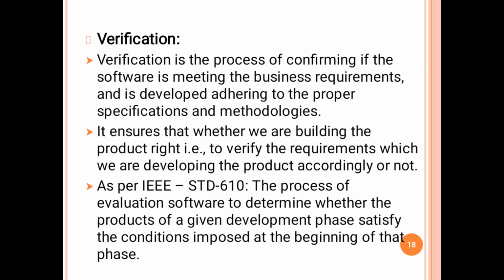It ensures that we are building the product right, that is, to verify that we are developing the product according to the requirements. As per IEEE STD 610, it is the process of evaluating software to determine whether the products of a given development phase satisfy the conditions imposed at the beginning of that phase.